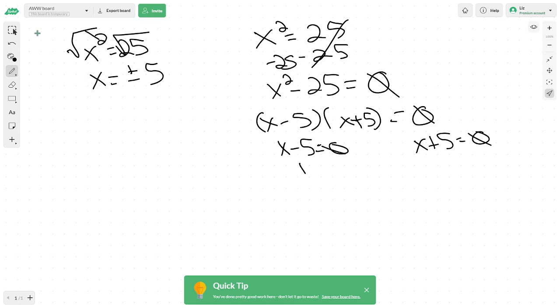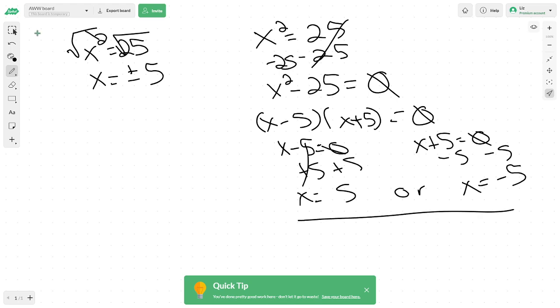And when you solve both of these separately, you're going to get x equals 5 or x equals negative 5. So those are two different ways to solve the same equation. I'm going to keep giving you more and more tools to use when you're trying to solve quadratic equations, but this is one of them. Or these are two of them. Take the square root here, or solve it using the zero product property.